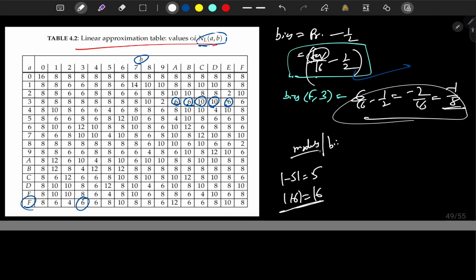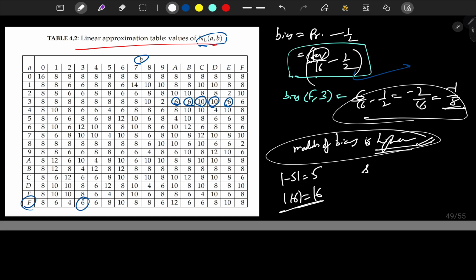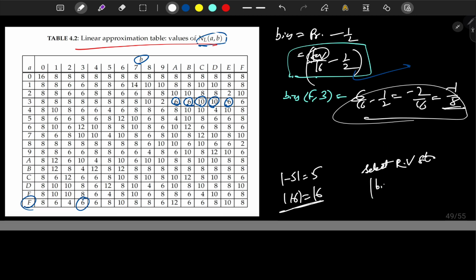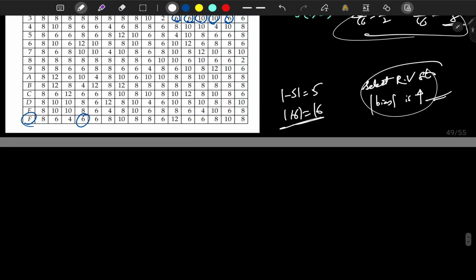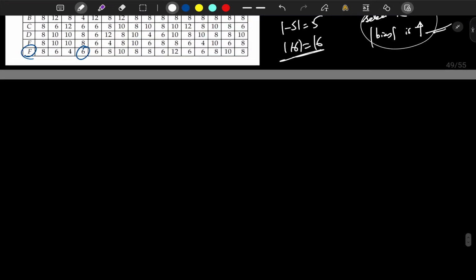Modulus normally, mathematics basic thing. So select the random variable such that the modulus of bias is higher. For that we are doing all these things.